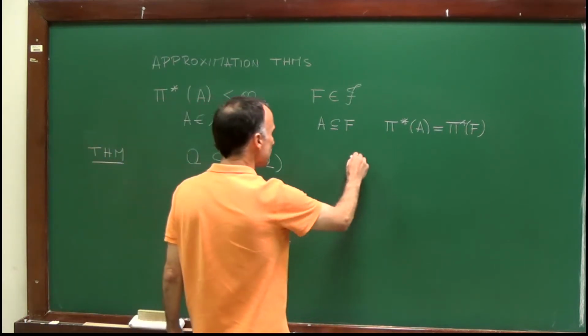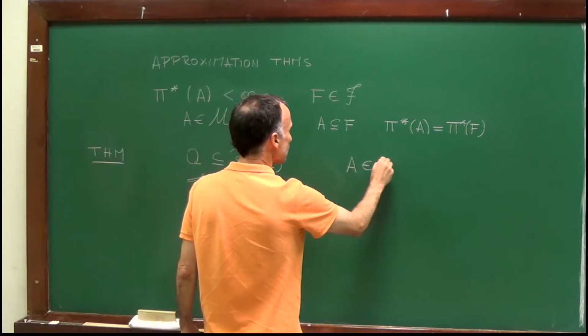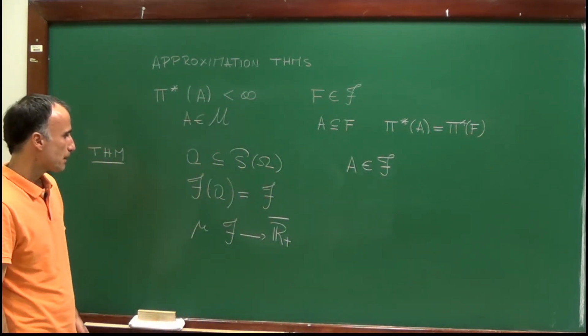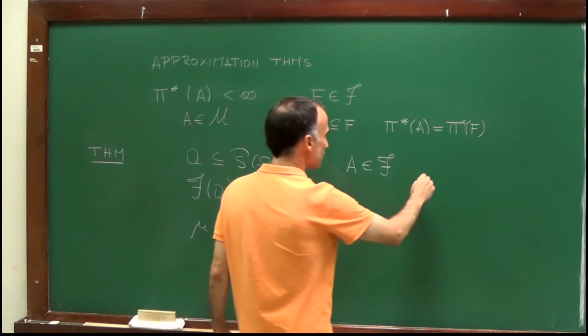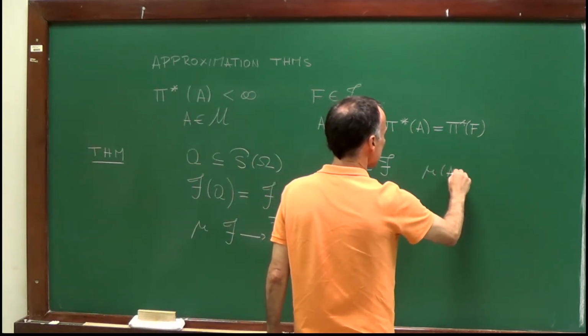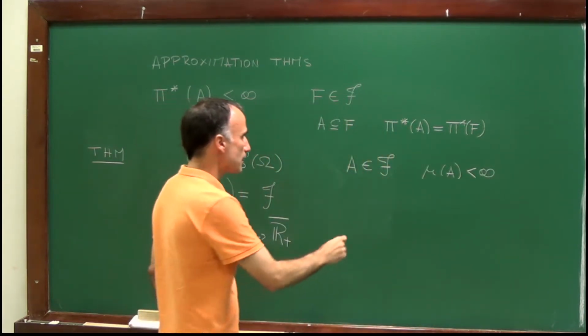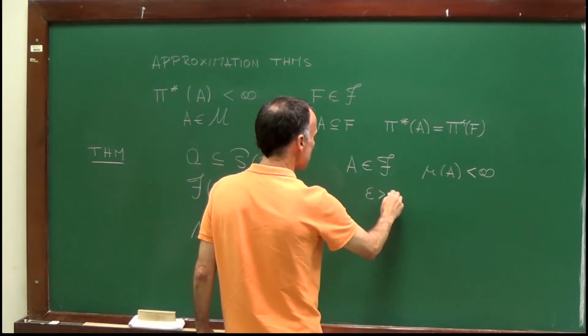Let's take a set A in the sigma algebra F, and let's assume that mu of A is finite, and let's fix epsilon positive.